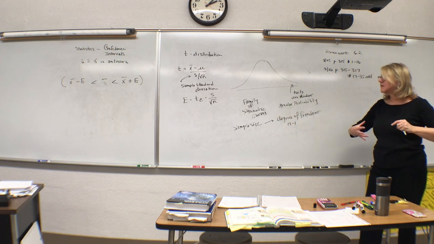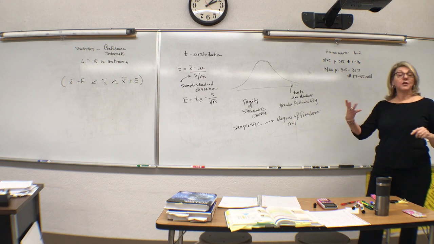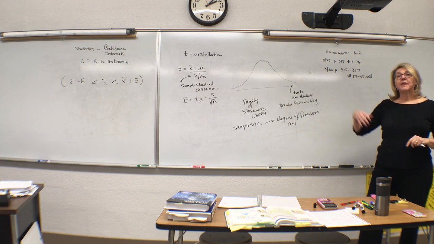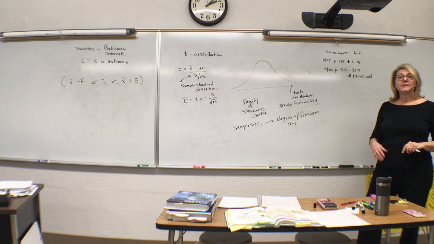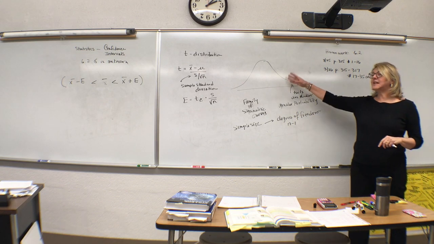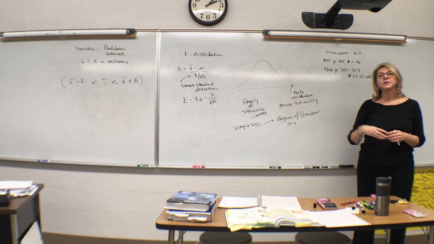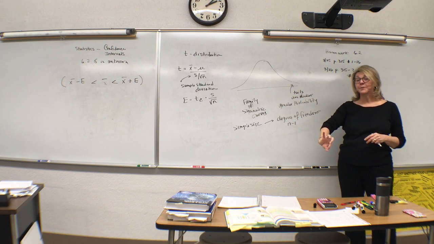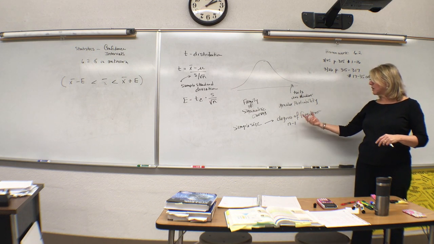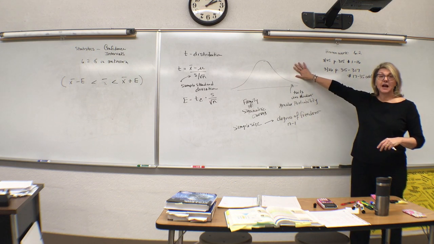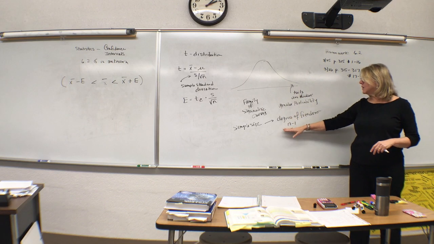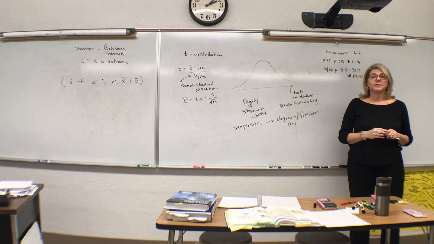And the gist of the story is this: the larger the sample size, the higher the degrees of freedom. The higher the degrees of freedom, the closer the t-distribution is to the normal. So hopefully, again, intuitively, we understand that. So let me say it one more time. The degrees of freedom, which are a part of the t-distribution calculation, are always one less than the sample size.